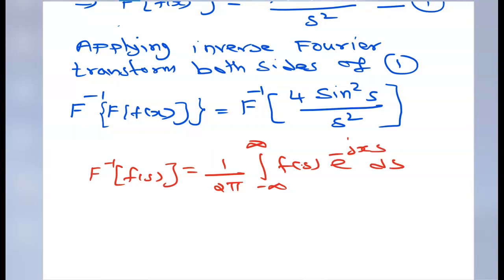This is the Fourier inverse of F of s, right? So what it tells here is, whatever is in F inverse, write it inside the integral, with 1 by 2 pi.